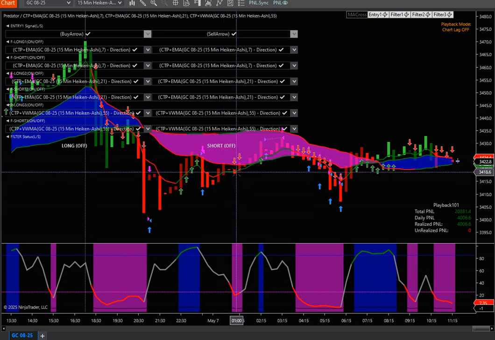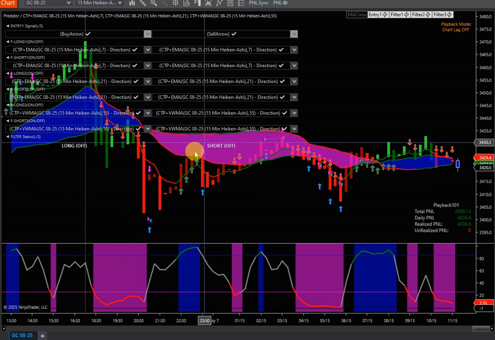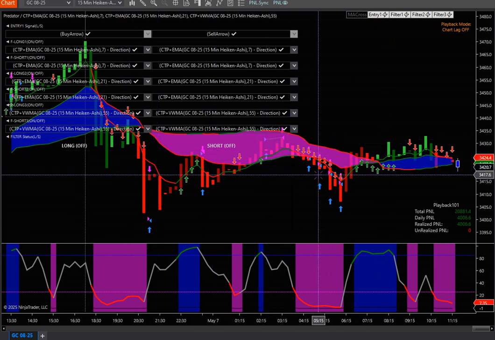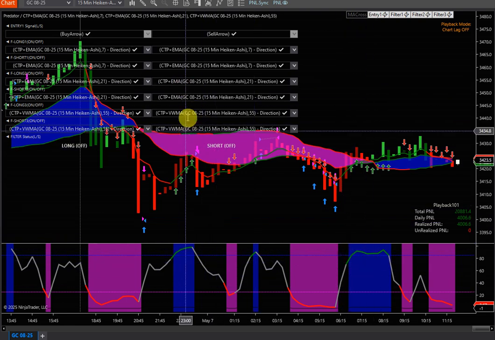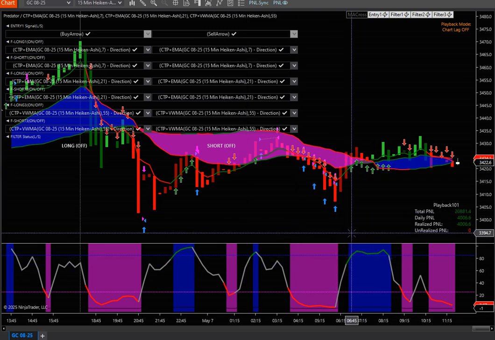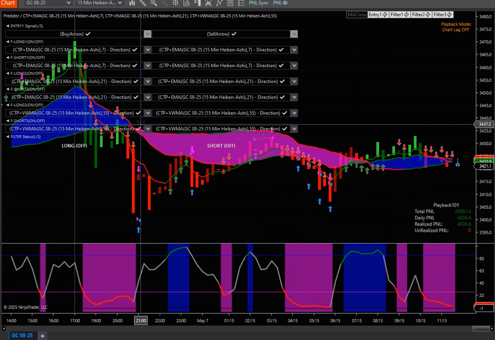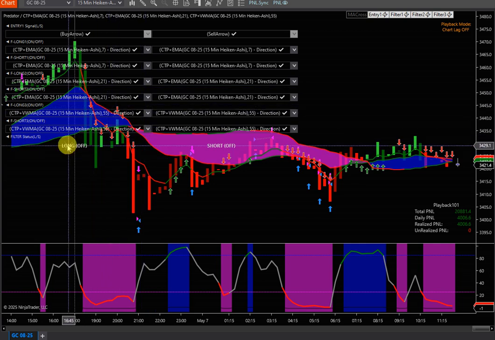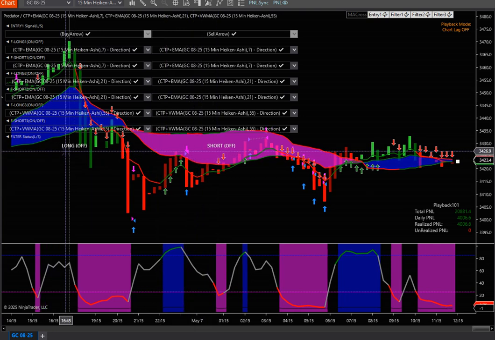This is just a quick update. As the strategy is progressing, the trades are being taken based off this indicator here, and I have these filters. The filter generates arrows, and before it takes a trade, the filters have to be true, and these texts that you see here, long off, short off, will light up.